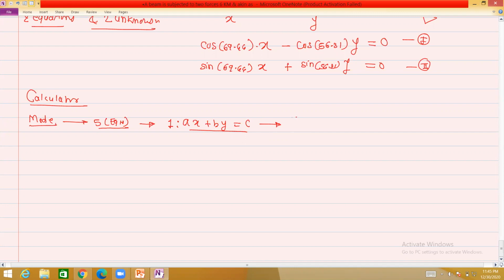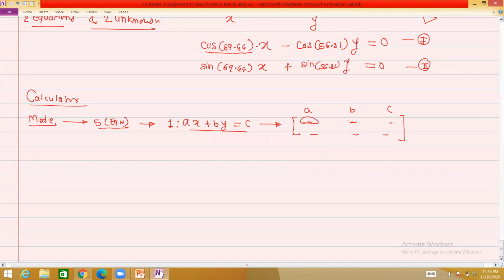Then you will get a matrix having a, b and c values, and we have to enter these values. A is the coefficient of x in the first equation, which is cos 69.44. Enter this value directly and press the equal to sign.